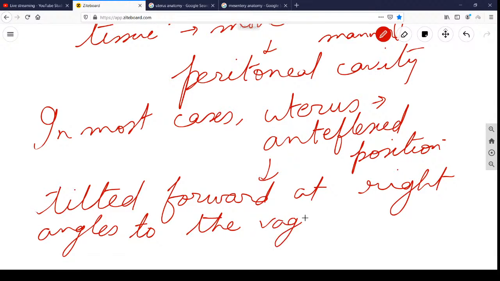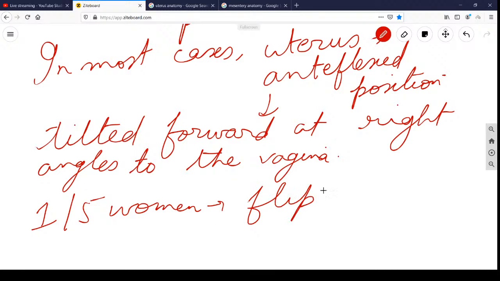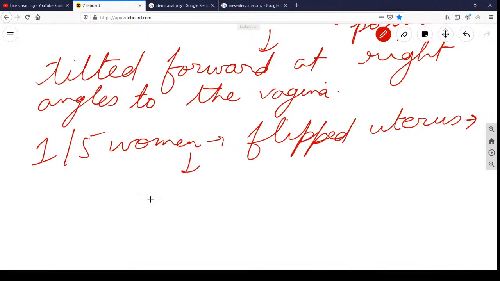But sometimes, in the case of a flipped uterus, in 1 out of 5 women, the uterus is retroflexed, again backwards like retrograde movement.